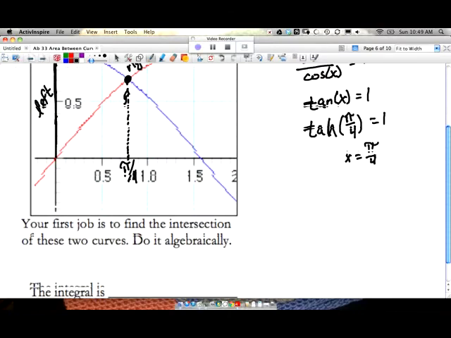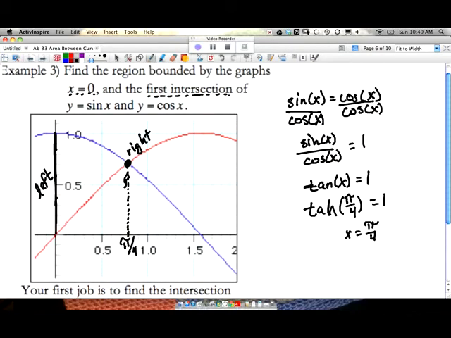Now we just got to set up the integral. We got to figure out which one's on top, which one's on bottom. So here comes some knowledge from your trig graphs and values. We know that sine of 0 equals 0. So that means it's the bottom one here because it starts at 0.